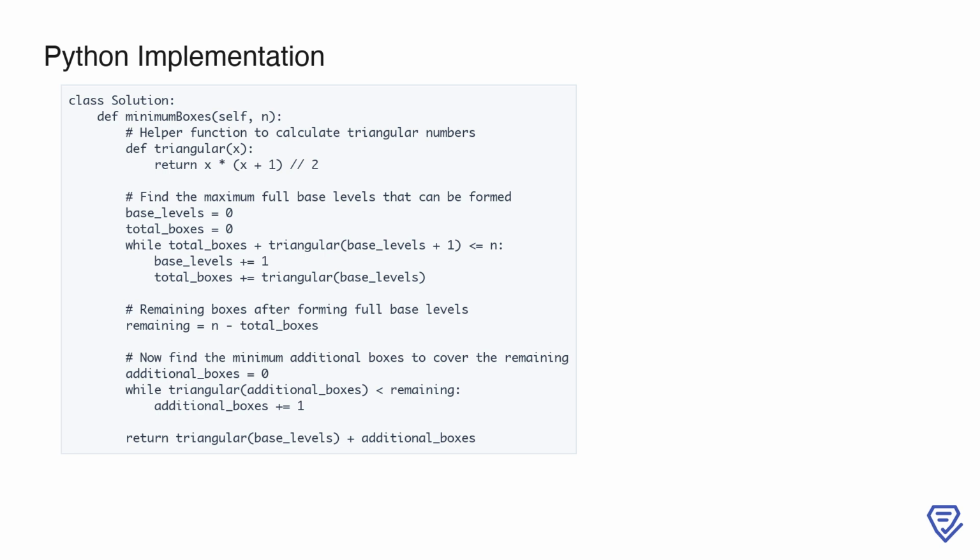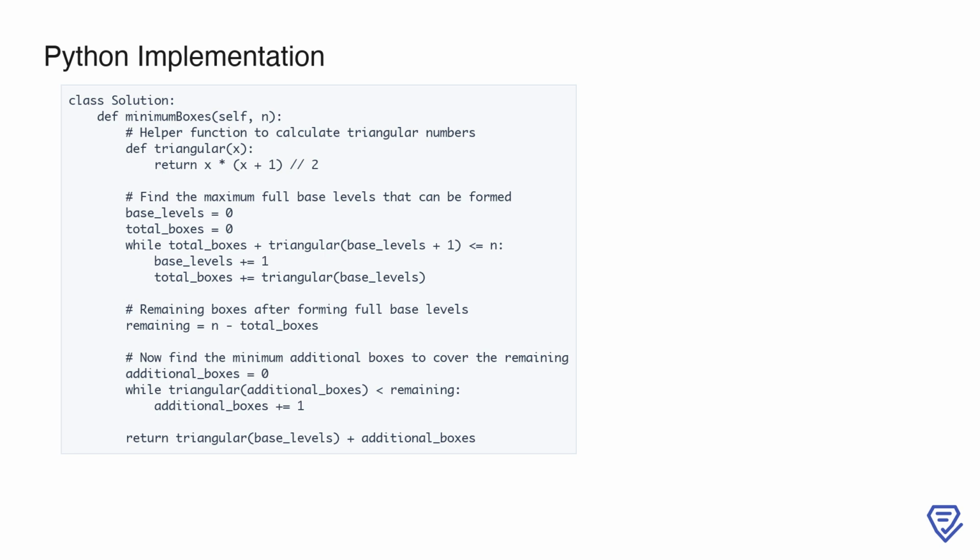Once the full base levels have been formed, there might be some remaining boxes left. These boxes are used to complete the next level partially. The remaining variable tracks how many boxes are left after forming the full base levels. To calculate the minimum additional boxes needed to cover the remaining boxes, we incrementally test adding more boxes to the next level until the triangular number for those boxes is at least equal to the remaining count.